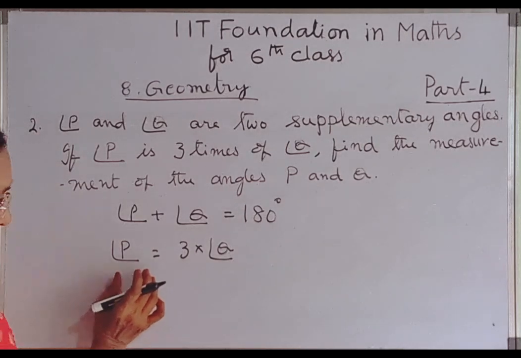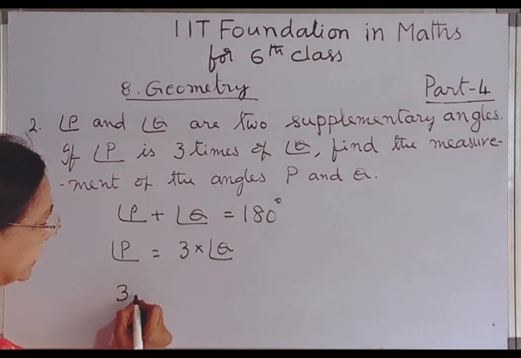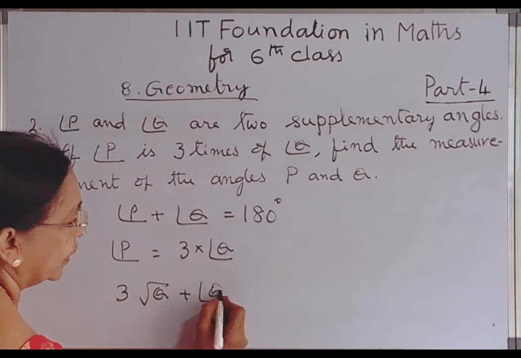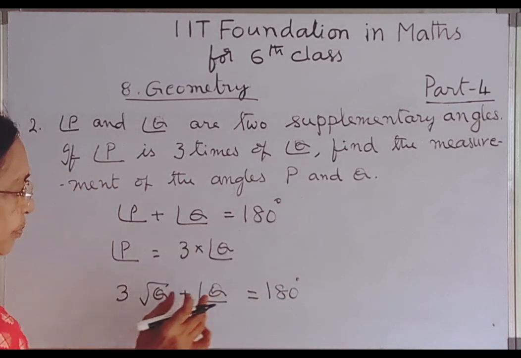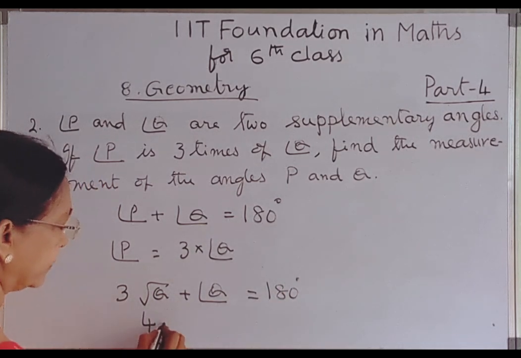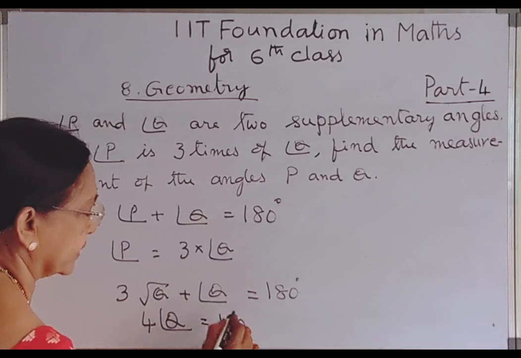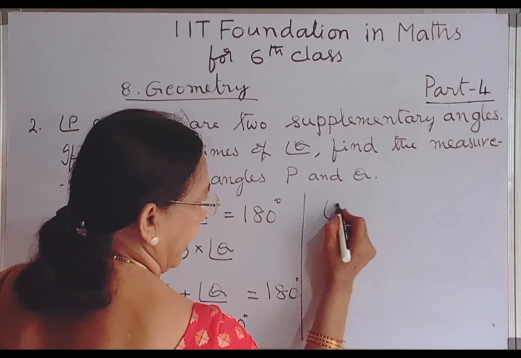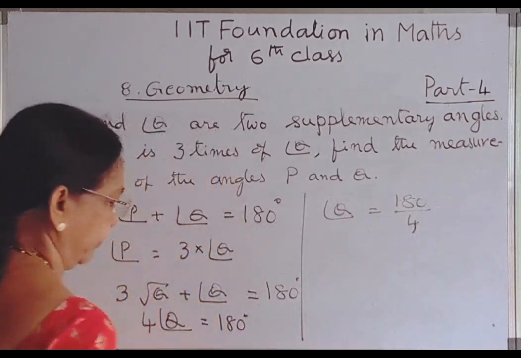So angle P is equal to 3Q. Therefore, substituting, this is 3 times angle Q plus angle Q is equal to 180 degrees. 3 times Q plus Q is 4 times angle Q is equal to 180 degrees, or angle Q is 180 divided by 4.